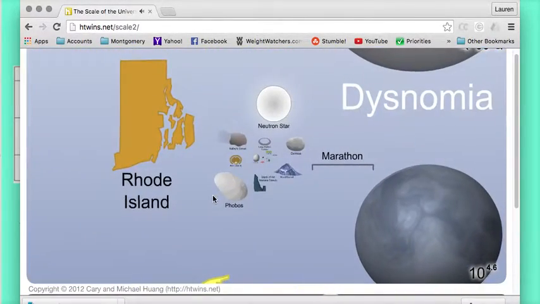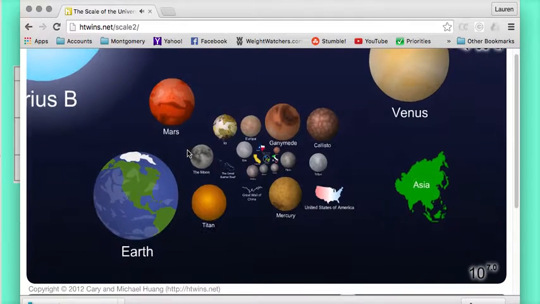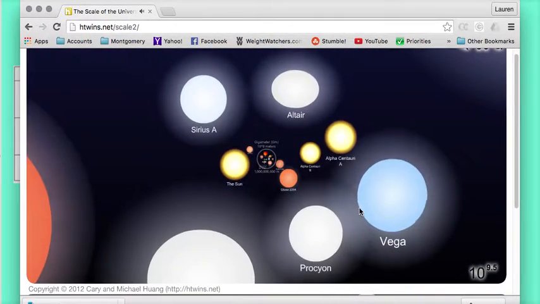Oops, too far. At 10 to the 4.6, you can see that down here. That's the size of a neutron star, or Rhode Island. When we get up to 10 to the 7th, that's on the order of the size of Earth, or Titan, or Mercury, or Mars. These numbers start changing very rapidly.